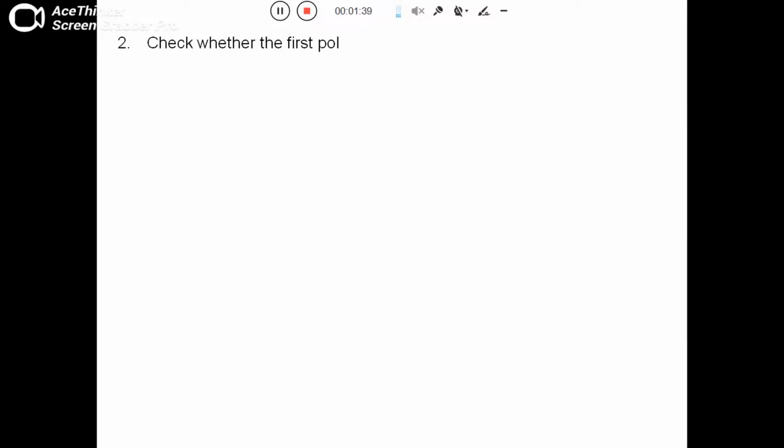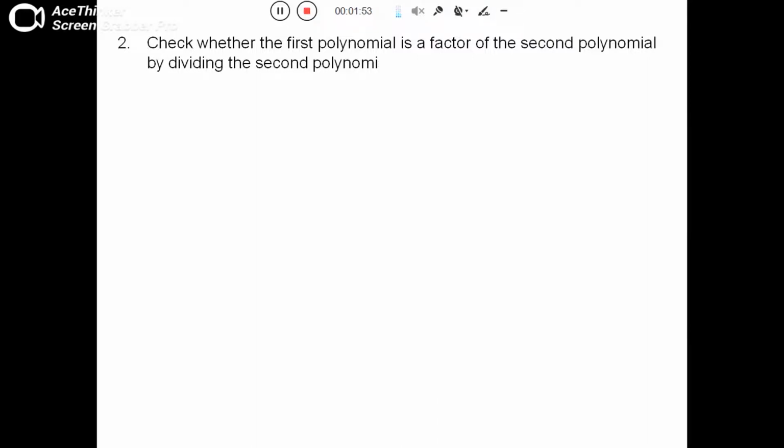In question number 2 it is given: check whether the first polynomial is a factor of the second polynomial by dividing the second polynomial by the first polynomial. Okay students, so how to check that the first number is a factor of the second number?